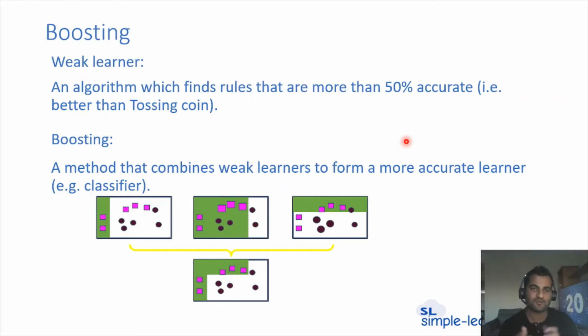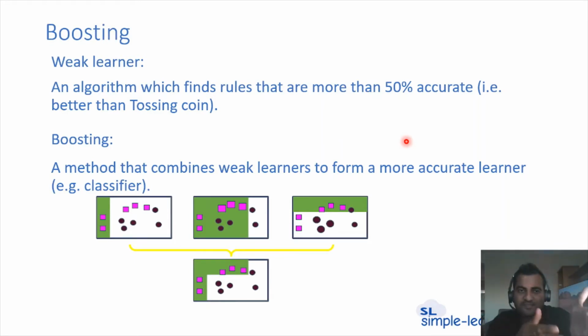Boosting considers a weak learner, right? A weak learner is basically something you learn from a particular task. For example, take tossing a coin. If we toss a coin, it will be head or tail, so 50%.